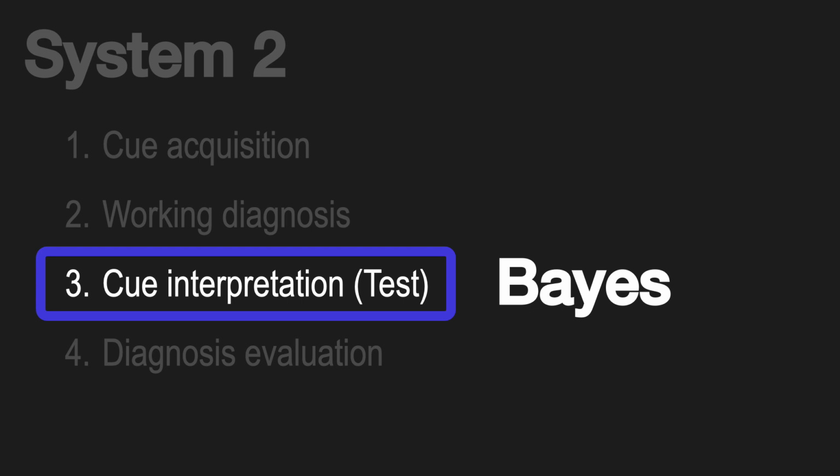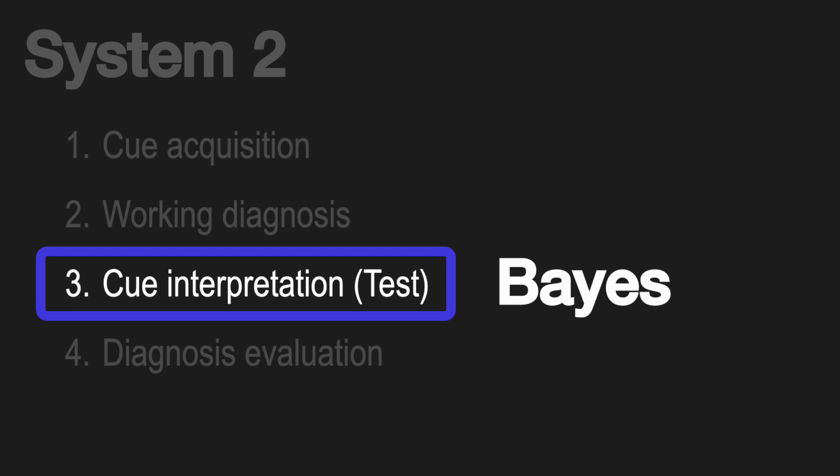Our third description of diagnostic reasoning, Bayes, is also not a description of diagnostic reasoning, but rather a component of diagnostic reasoning. As I showed you earlier, when testing a diagnosis in System 2, Bayes forces us to apply probabilistic thinking, making us account for the pretest probability of the disease and the accuracy of our test.